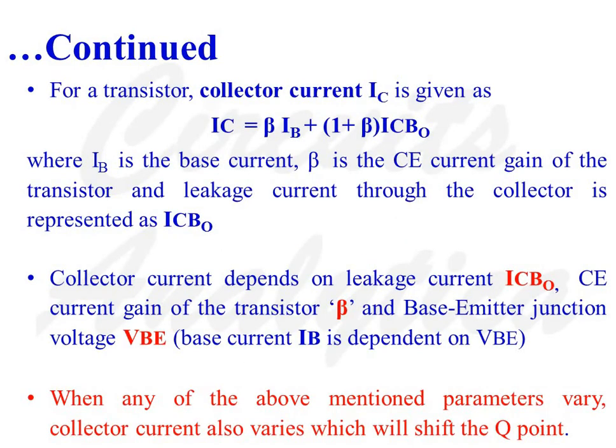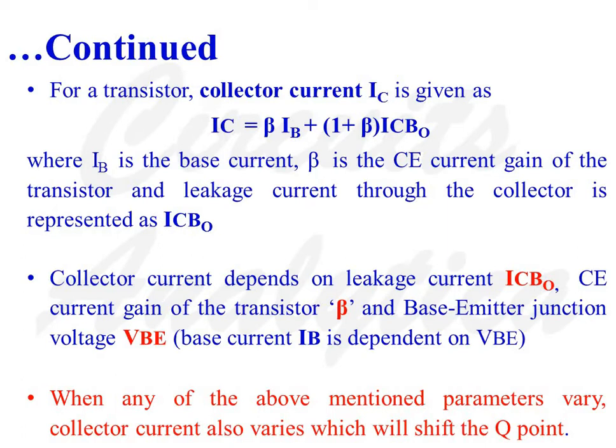For a transistor, collector current IC is given as IC is equal to beta IB plus 1 plus beta into ICBO, where IB is the base current, beta is the common emitter current gain of the transistor, and leakage current through the collector is represented as ICBO.